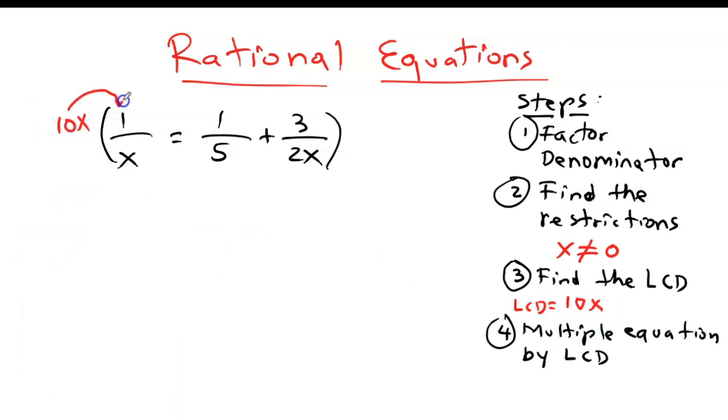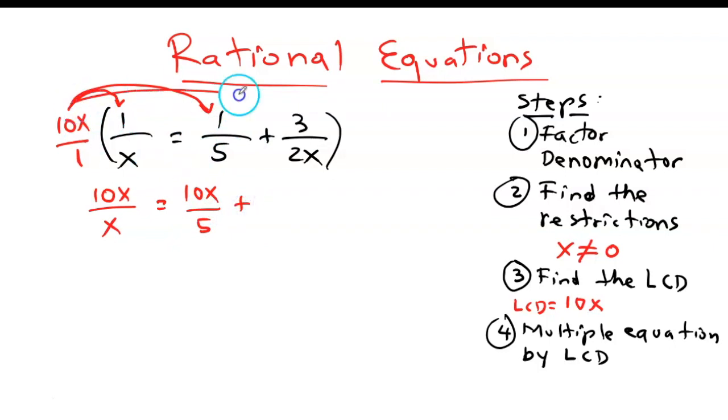Each one of them, 10x times 1 is 10x, and I bring my denominator. Remember, I have a 1 over here, so it's 1 times x just in case. Top with top, bottom with bottom. Equals 10x times 1 is 10x over 5. 10x times 3, 30x divided by 2x.